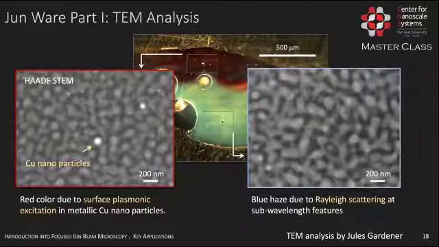For example, it turns out that these copper-rich particles are in fact metallic copper nanoparticles, and that we can infer that most probably the color that we are seeing is due to surface plasmonic excitations. If we're going now to the blue phase, then we are probably dealing with Rayleigh scattering, where the nanoscale sub-wavelength features are scattering the light in such a way that we get a blue color.